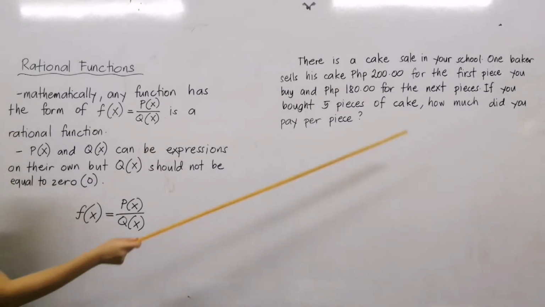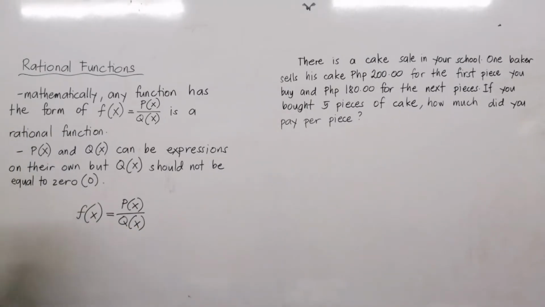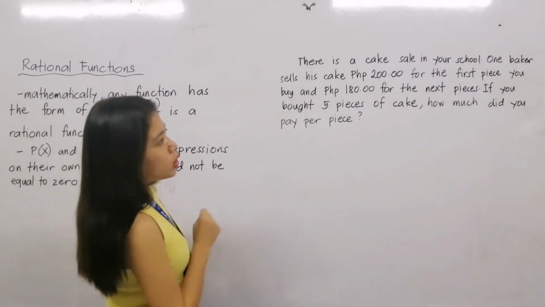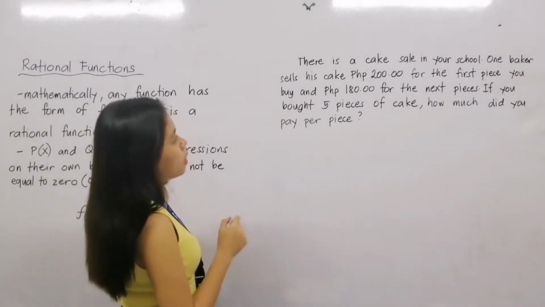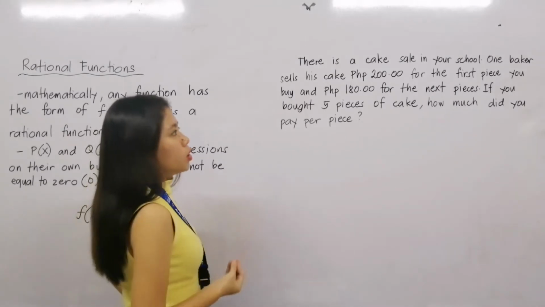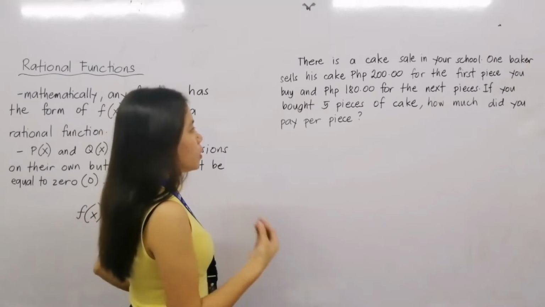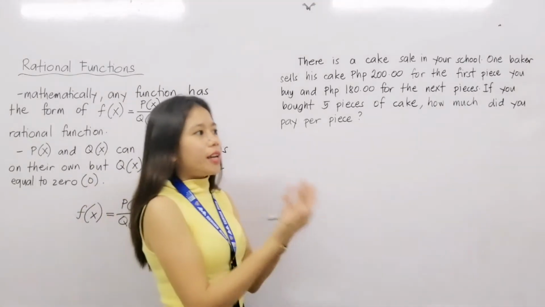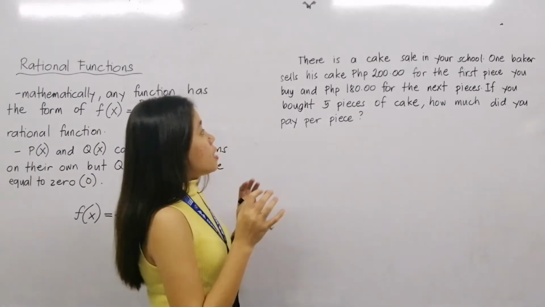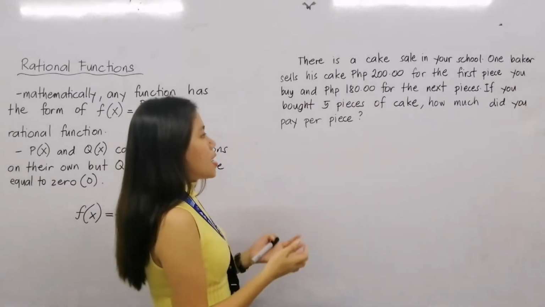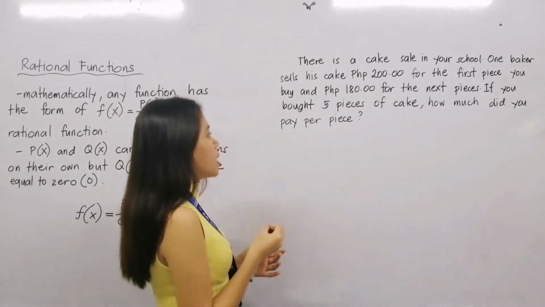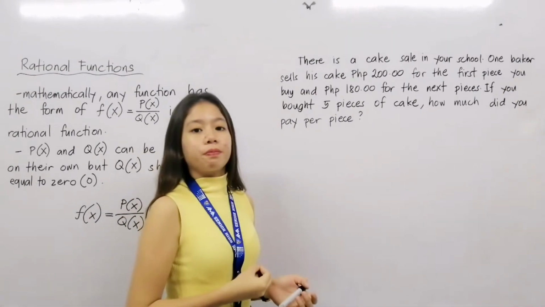Let us consider this problem. There is a cake sale in your school. One baker sells his cake at 200 pesos for the first piece you buy and 180 pesos for each of the next pieces. If you bought 5 pieces of cake, how much did you pay per piece?